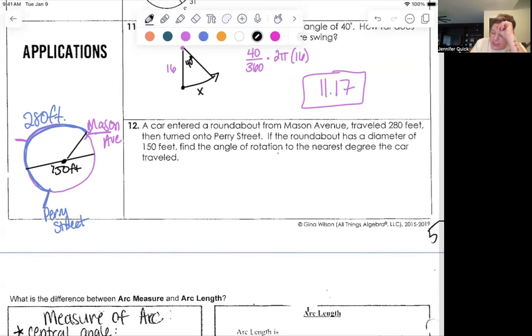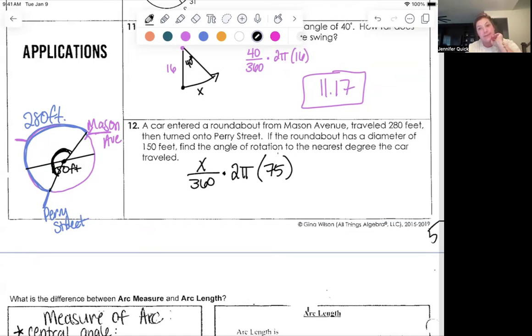So what I want to do is find this angle that I have gone. Which means that I don't know a key part of my problem. I do not know the portion of the angle. So times 2 pi, and then r would be 75 because my diameter is 150.